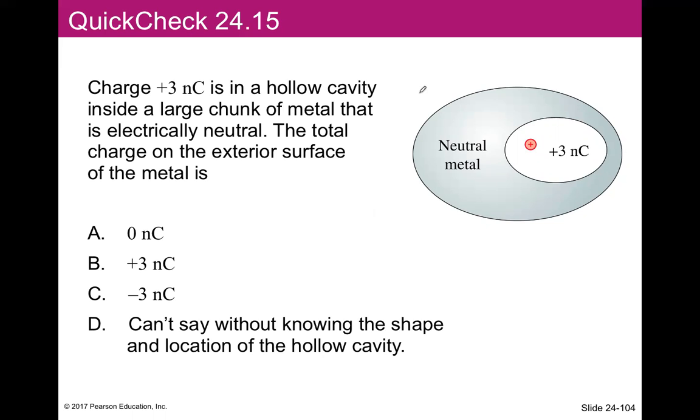Okay, what about another question? Now let me change the question to be the total charge on the inner surface of the metal is what? So first of all, I think we all agree the inner surface is negative, the outer surface is positive.